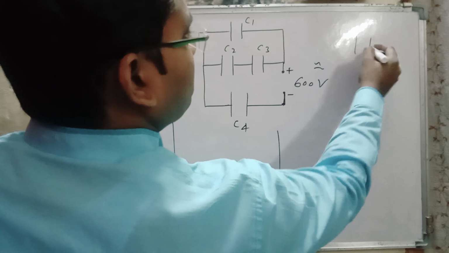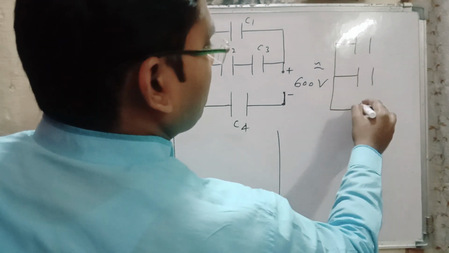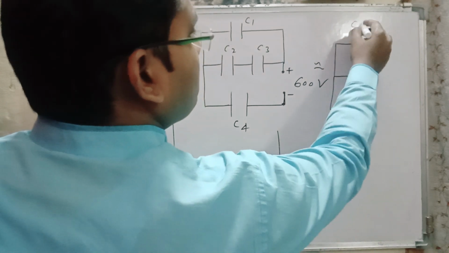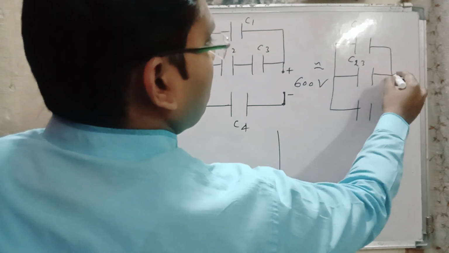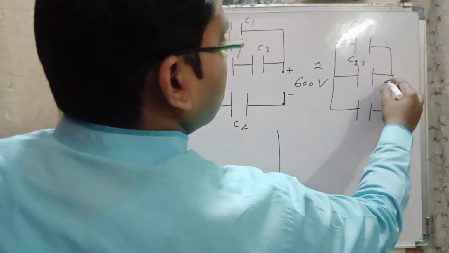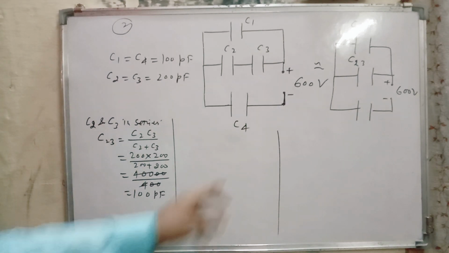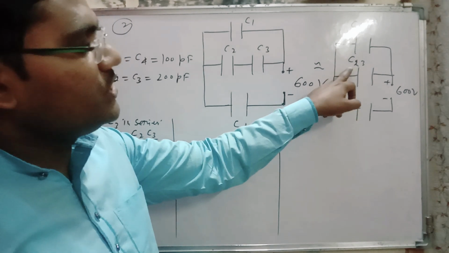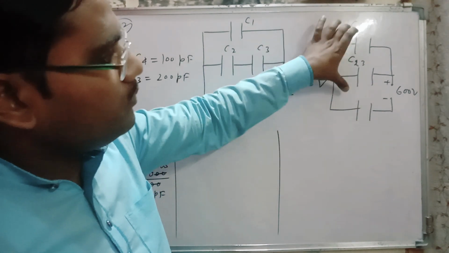Now here we take an equivalent circuit diagram. Then this is C1, this is C23, and this one has 600 volt potential. This one is the plus, this one is the minus. Now from this figure it is clear that C23 and C1 are in parallel combination.